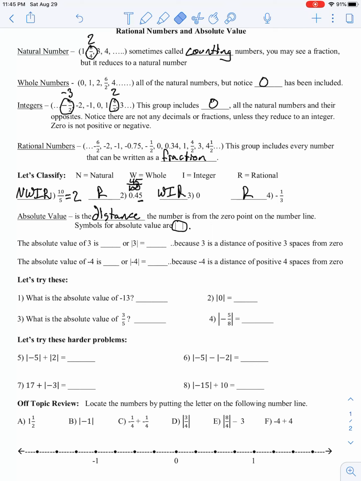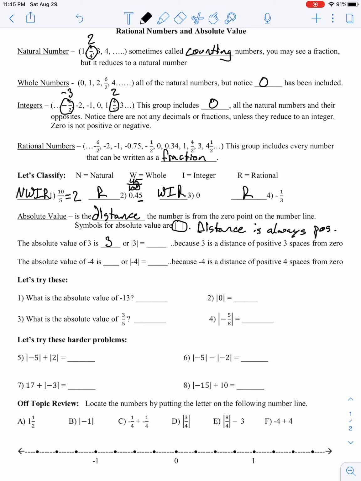So since this is a distance, we just want to remember that distance is always positive. So the absolute value of 3, since it is 3 units away from 0 on a number line, the absolute value will be 3.